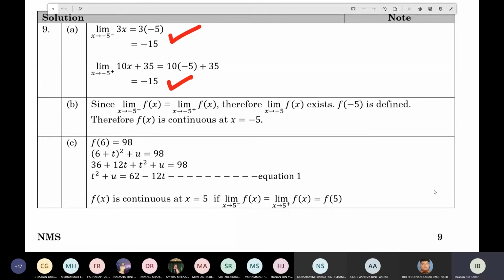And question B, f(x) is continuous at x equals -5. Yang ini kita ada 3 step.